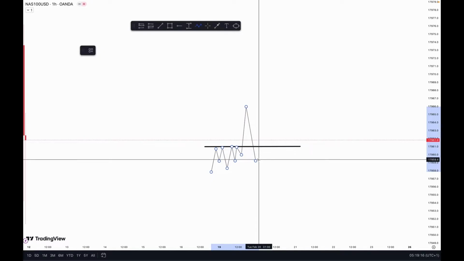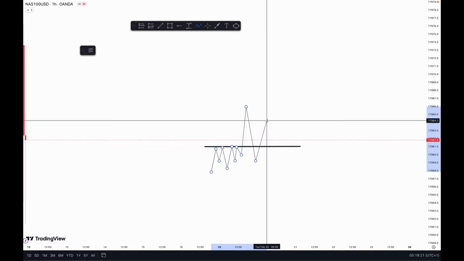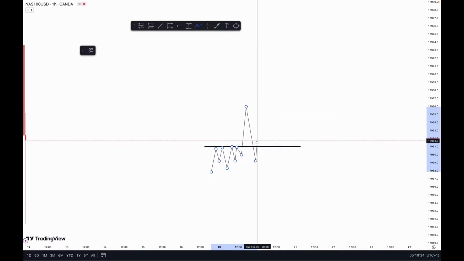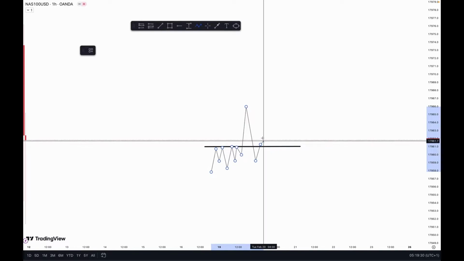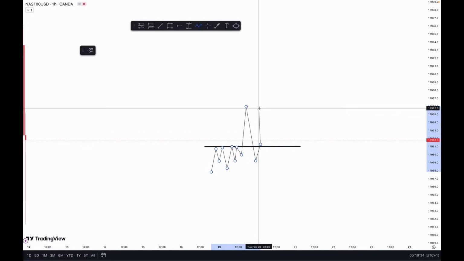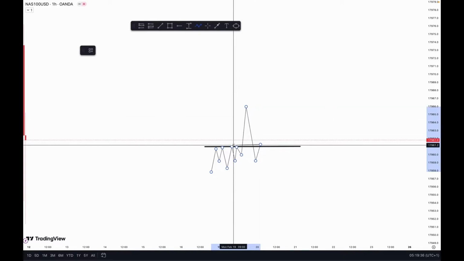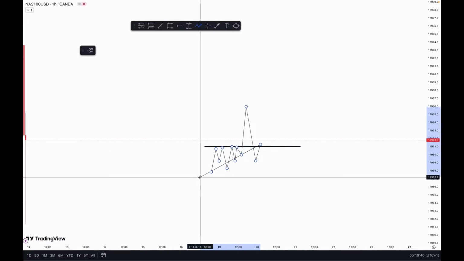So I want to get in on the continuation of price to keep pushing higher. Once I see price above here during session, that's when I want to take the trade. I want to take the trade here and then target these highs, because price has been able to tell me that, hey, above here I can go this high and below here I can go as low as this.